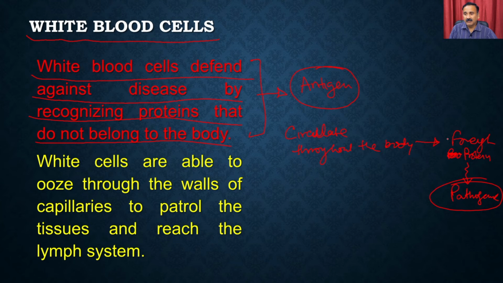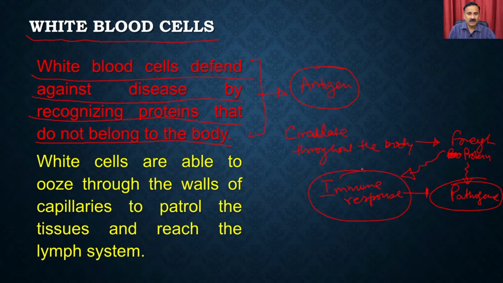Whenever they find pathogenic organisms, they cause an immune response, and that immune response attacks the particular pathogen, and that's how it reduces the pathogen.